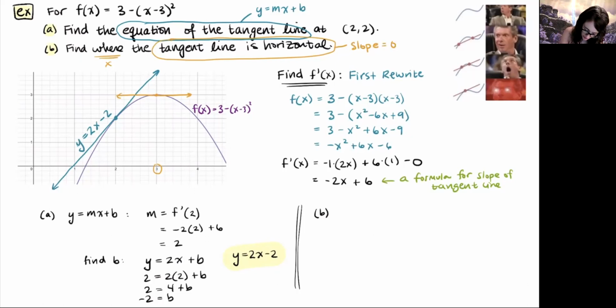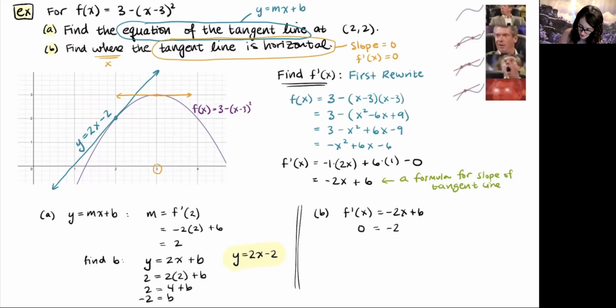Okay, so we know that the slope is equal to 0, so we want to solve for x by setting the derivative equal to 0. If our derivative formula is negative 2x plus 6, we're going to set the output of the derivative, which again tells us slope, equal to 0.